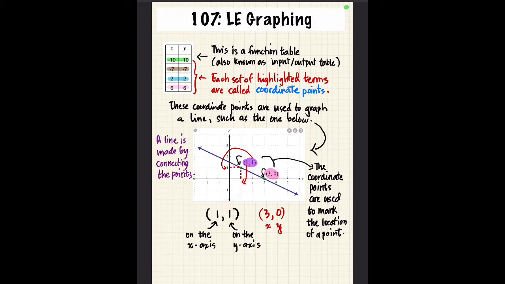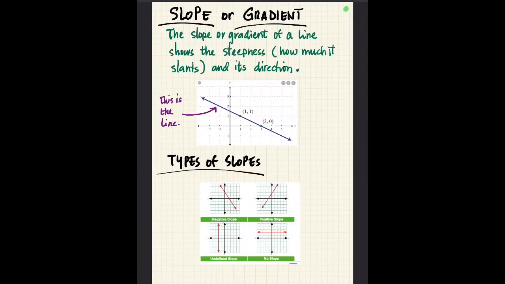The first is on the x-axis, the second is on the y-axis. So it just happens to be the same, 1 and 1. So there you go, 1 and 1. So always remember, the first term of the pair is always the x value.